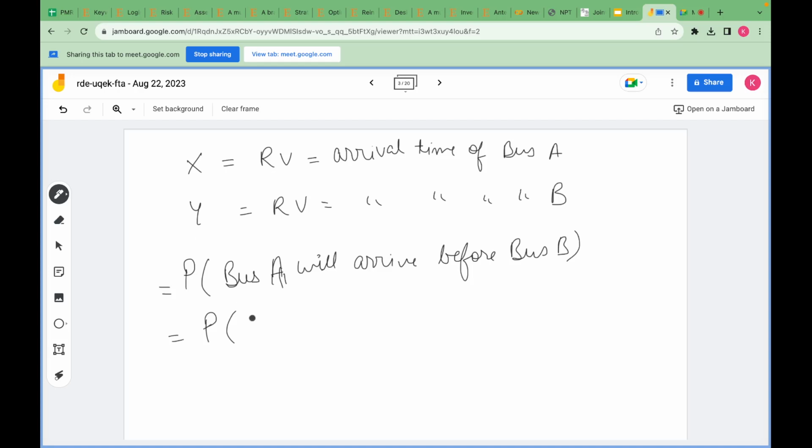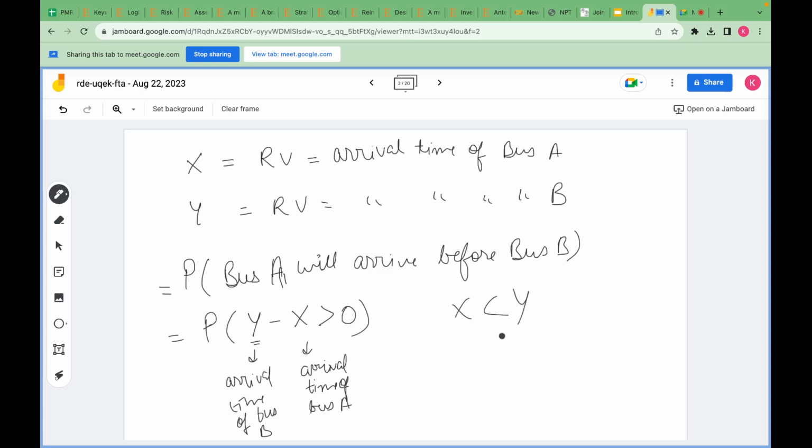This means that y minus x should be greater than 0. This y is the arrival time of bus B and this is the arrival time of bus A. So this means that x is less than y.